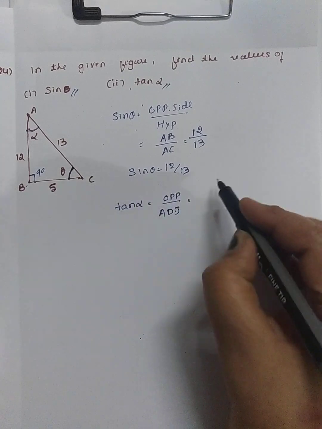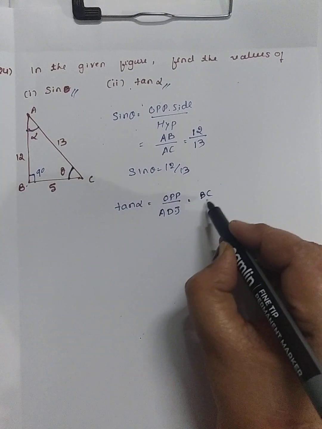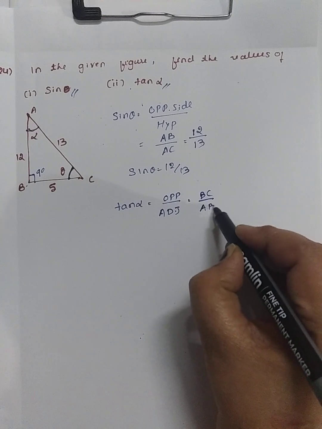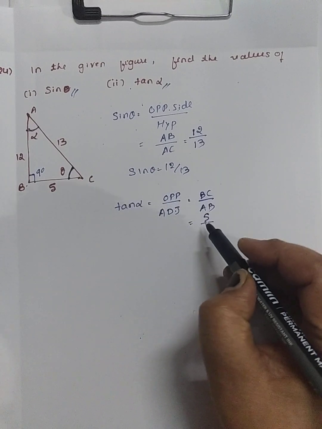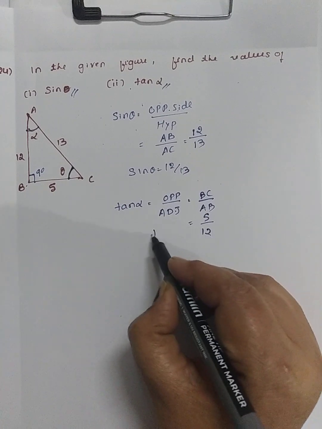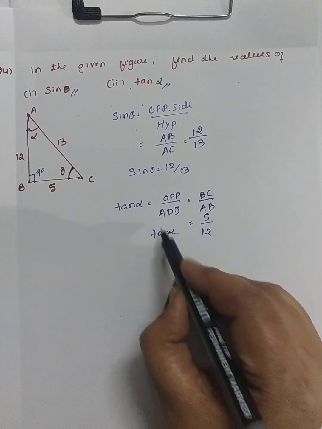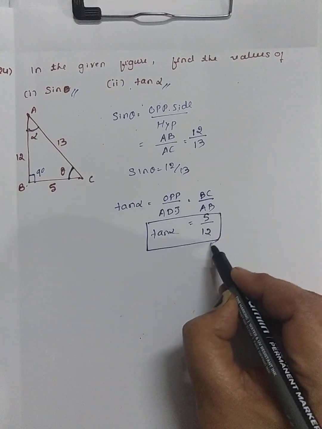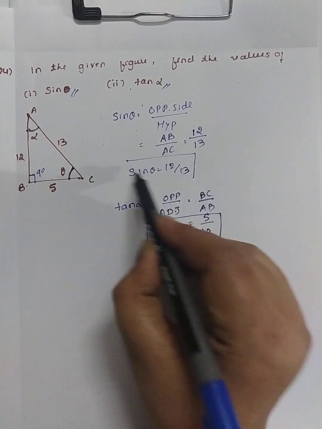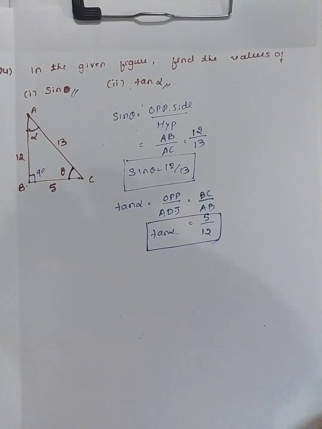Opposite is BC and adjacent is AB. So BC is how much? This is 5 and AB is 12. Tan alpha is 5 by 12. This is the answer for tan alpha, and sine theta is 12 by 13.